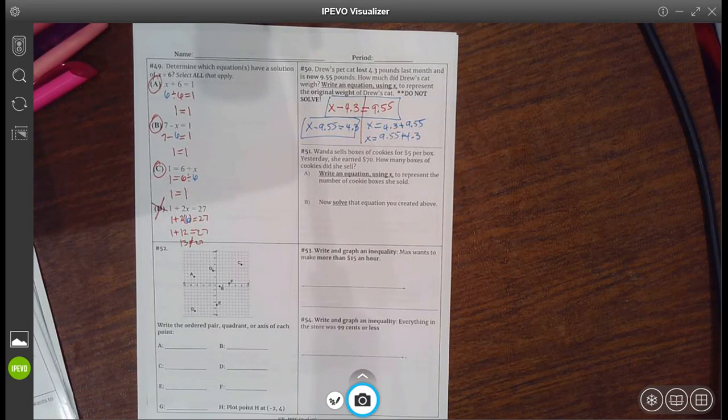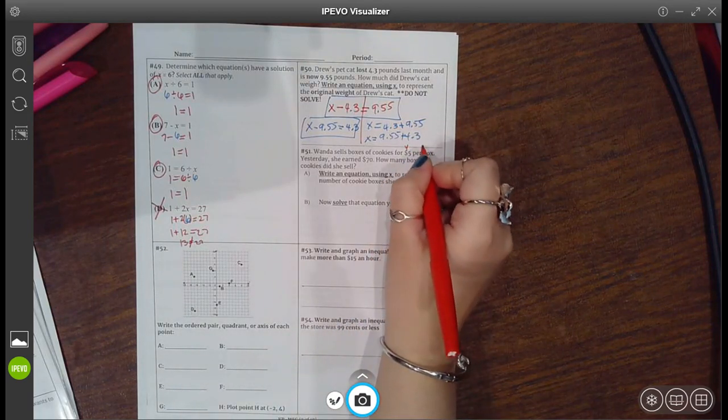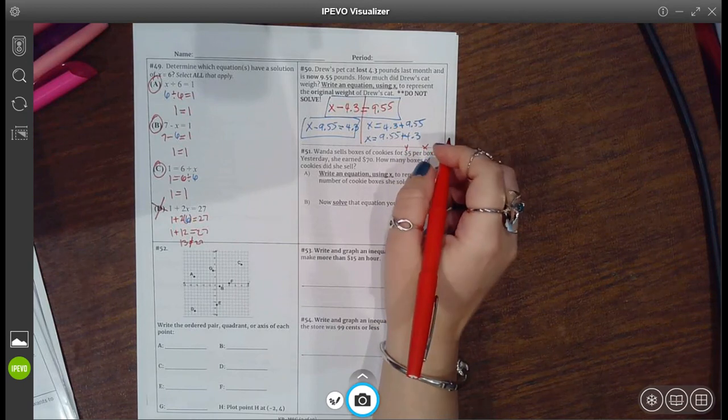Okay, the next one says Wanda sells boxes of cookies for $5 per box. Yesterday, she earned $70. How many boxes of cookies did she sell? Write an equation using x to represent the number of cookie boxes she sold. So, y per x.